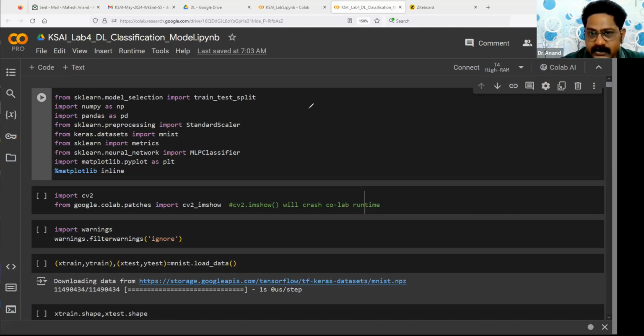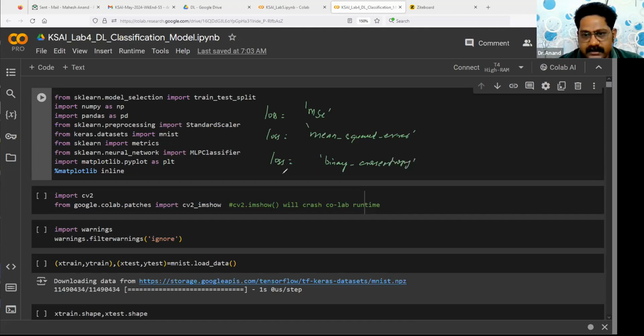However, for regressor we use mean squared error, MSE, or you can also say mean_squared_error. This is the loss function. When you define the loss function for a classification model, for binary, we should use binary cross entropy.